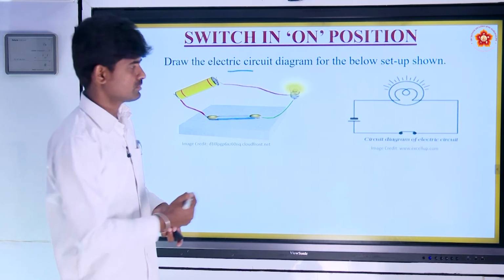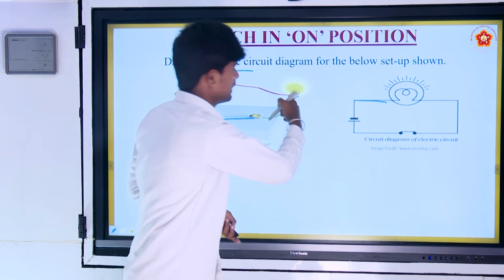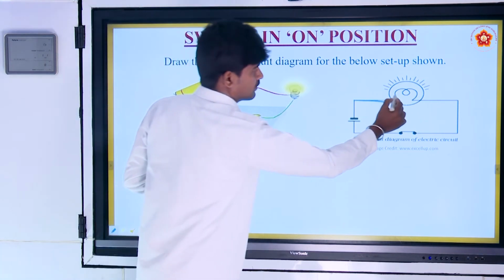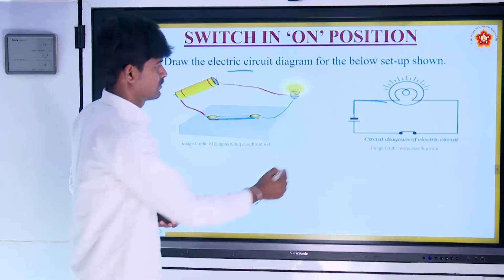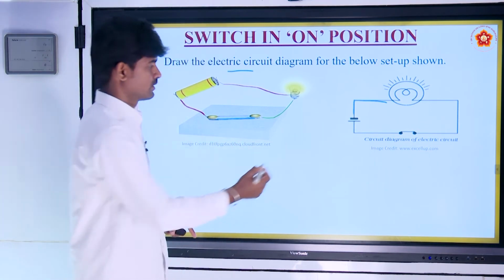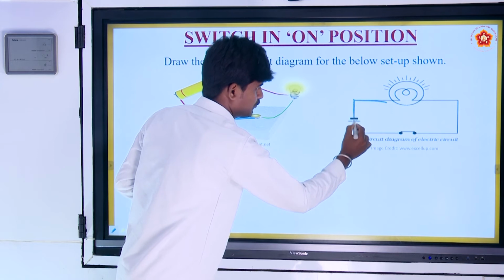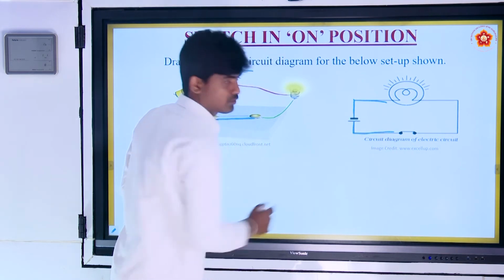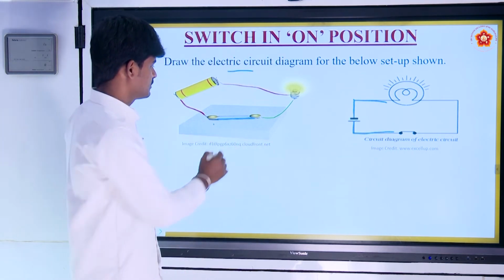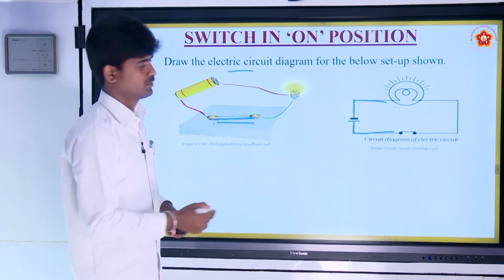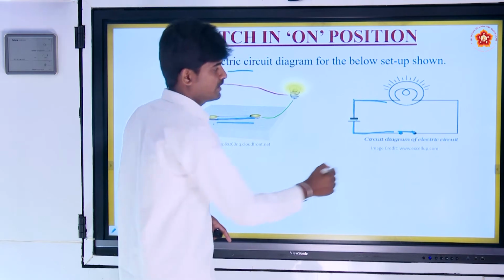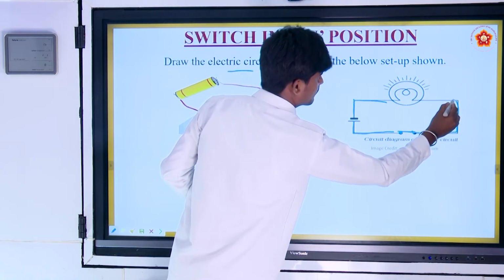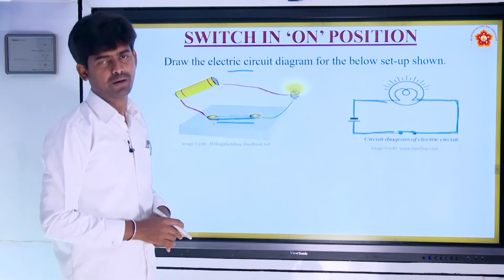Yes, see, the bulb has its symbol, and also the cell, where one side is negative and one is positive, and this represents a wire. Okay, and see, this switch is on, meaning the switch is on and connected to that bulb.